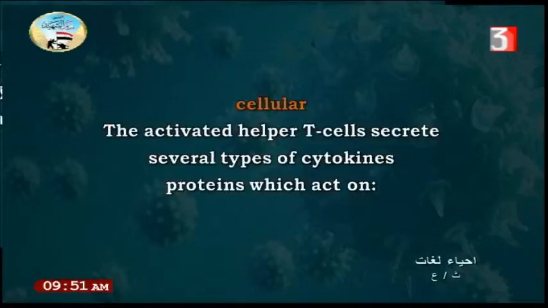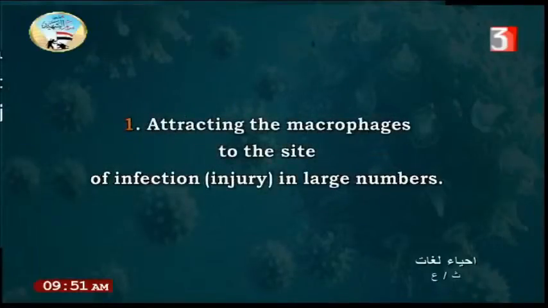What about the cellular? Activated T cells secrete several types of cytotoxins, proteins, which act on attracting the macrophage to the site of infection in large number. Attracting means taking it from its place and entering inside another cell.